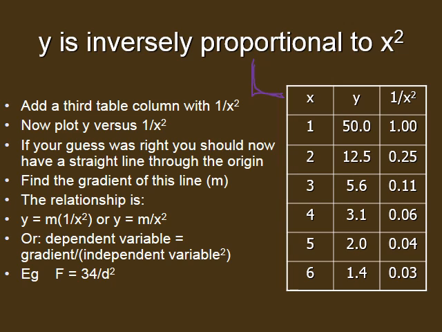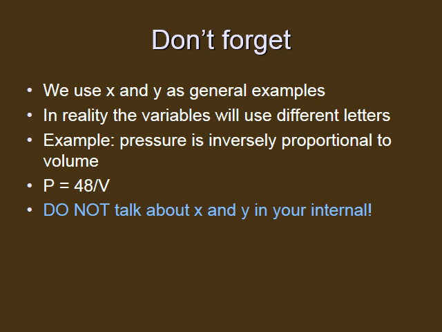Okay, this third column discussion point is when you're trying to aim for merit and excellence, which you all should be. So don't forget we use x and y as only general examples. In your internal, the variables will use different letters.